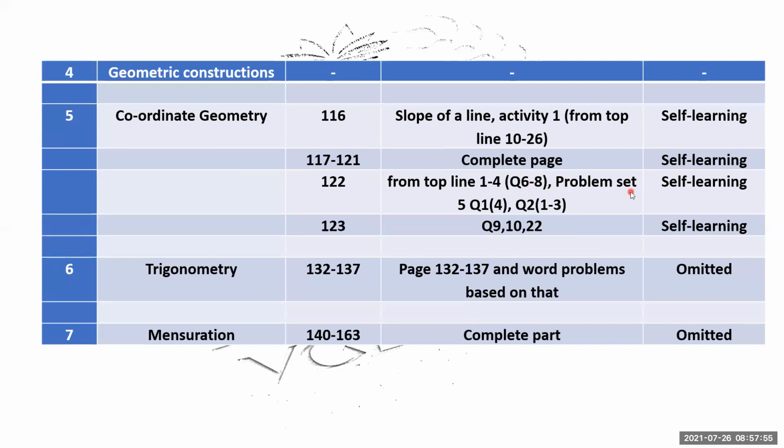Then you have got problem set 5. Question number 1, sub question 4. Question number 2, sub question 1 to 3. Then on page 123, question number 9, question number 10, question number 22.